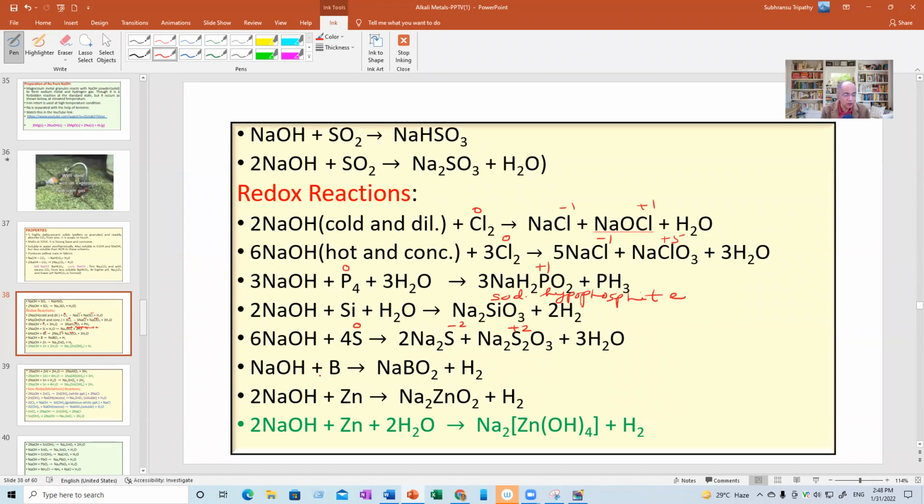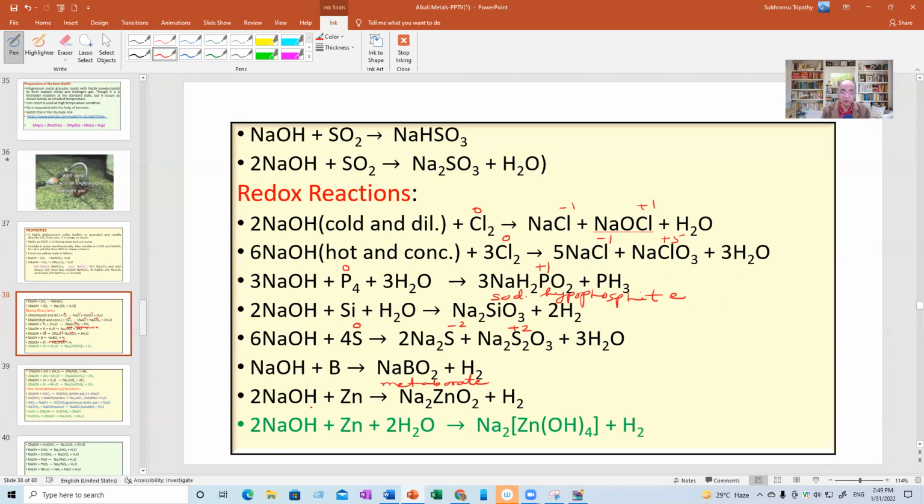And sodium hydroxide with boron gives sodium metaborate. Zinc gives zincate, because there are the 4 metals, zinc, tin, lead, and aluminium. The metals also show amphoteric behavior.